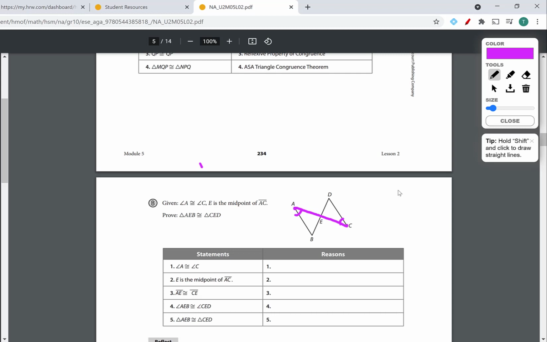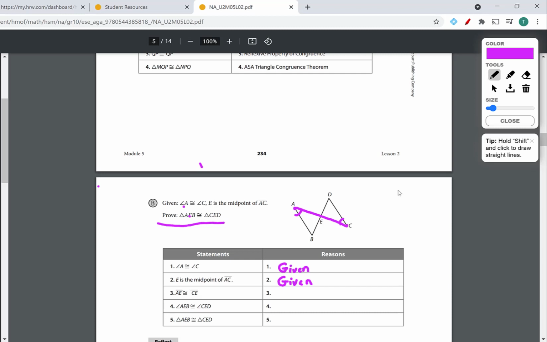Triangle AEB is congruent to triangle CED. So the first statement is angle A is congruent to angle C. That is a given piece of information. The second statement says E is the midpoint of segment AC. That is also a given piece of information.